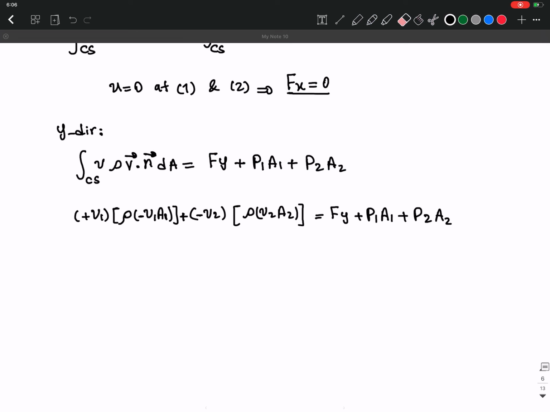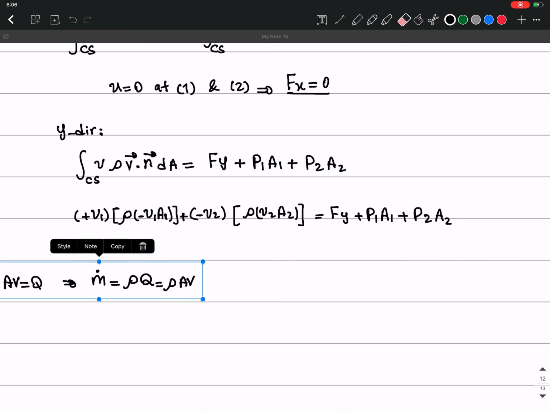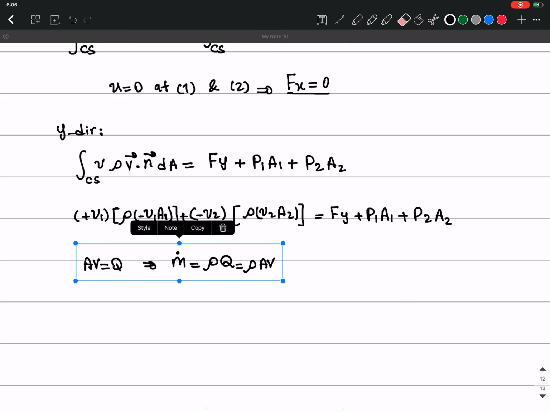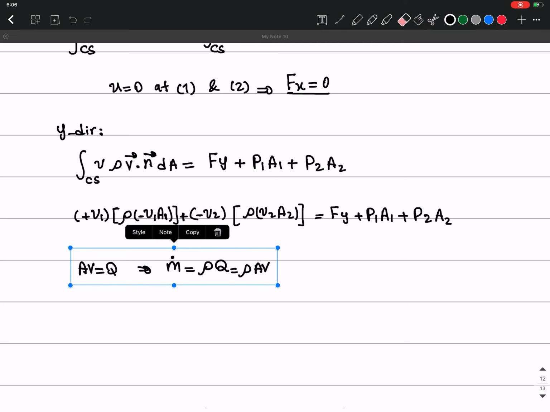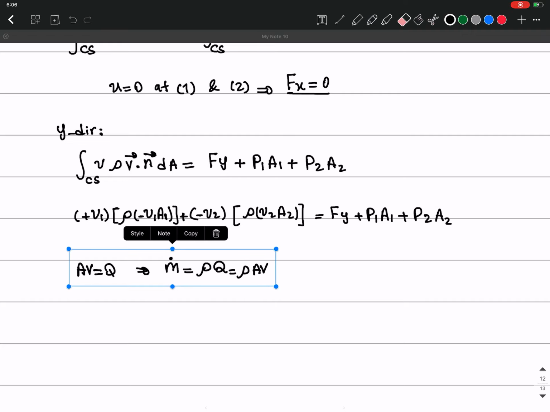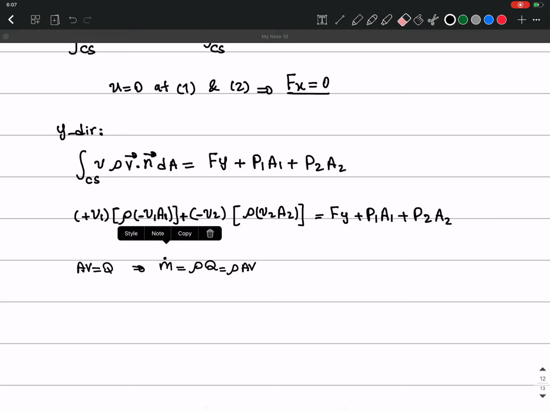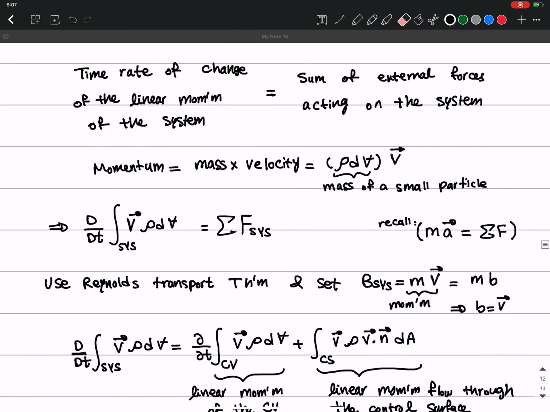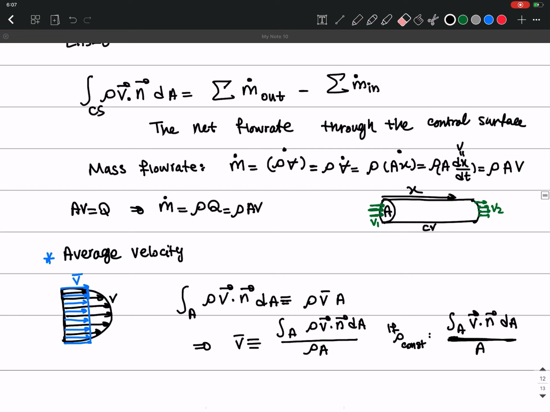So let me write it down. I want to simplify my equation, so that's why I want to write this down. So rho A V or rho Q, where Q is discharge, shows the mass flow rate, right? Again, I can show it here again what we learned before.